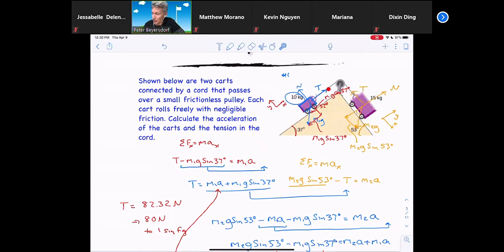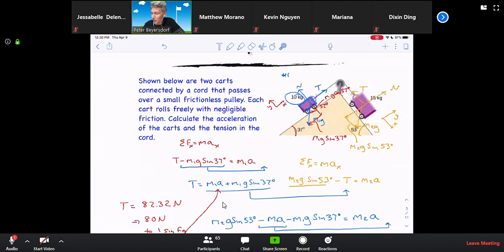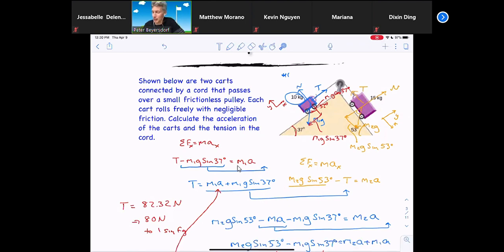The cart on the left goes up, that's positive. That means the accelerations will be the same. If I had chosen a different coordinate system, like positive was up the incline, the acceleration of one block might be minus the acceleration of the other block. But it just depends on your definition of what's positive for each of the blocks.